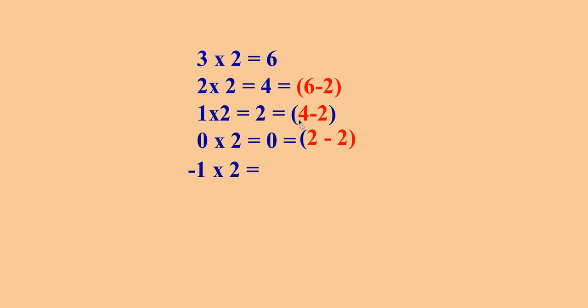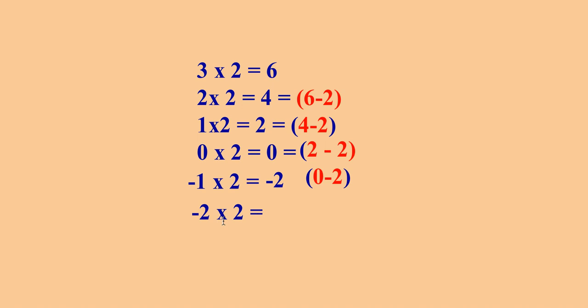Here 2, 4 minus 2, 0, 2 minus 2. If you are proceeding like this, next answer should be 0 minus 2. What is 0 minus 2? It is 0 plus negative 2 and the answer is negative 2.